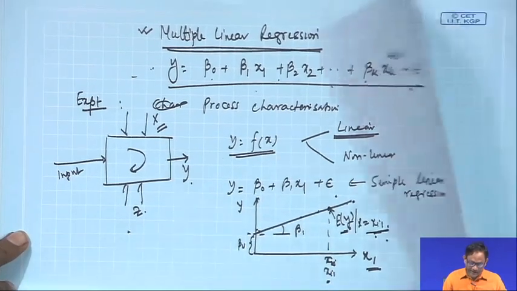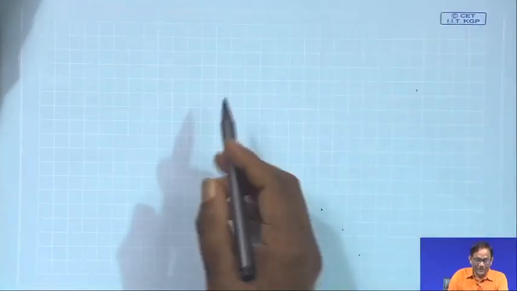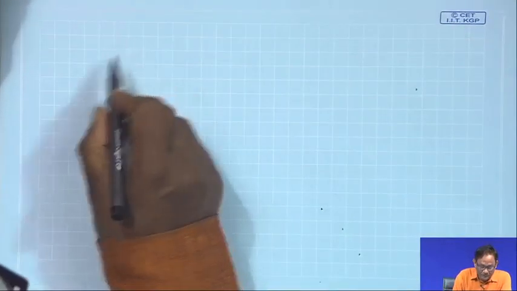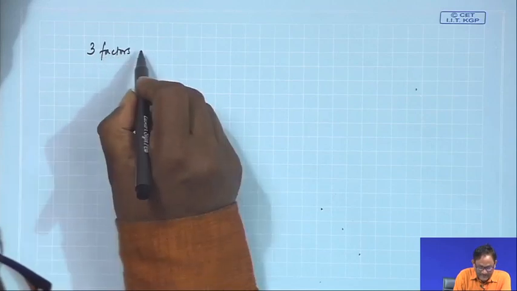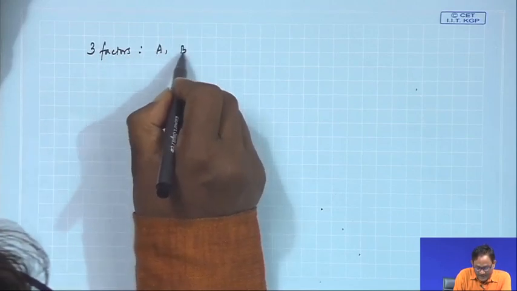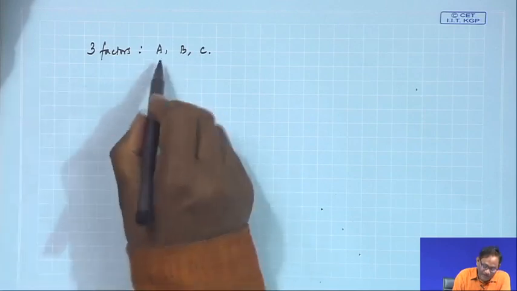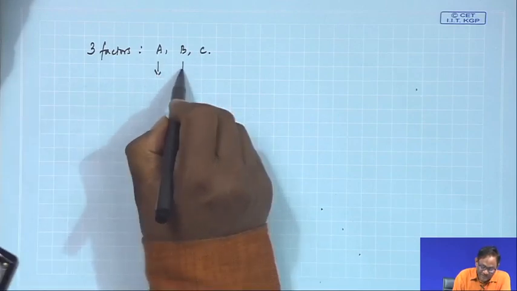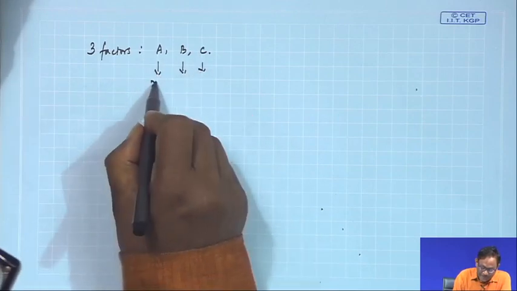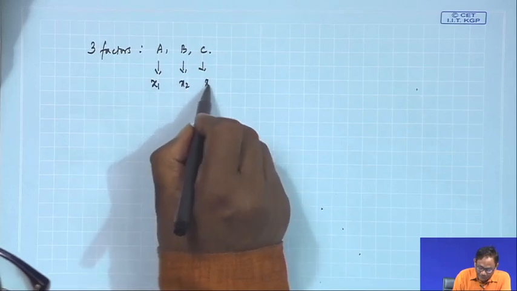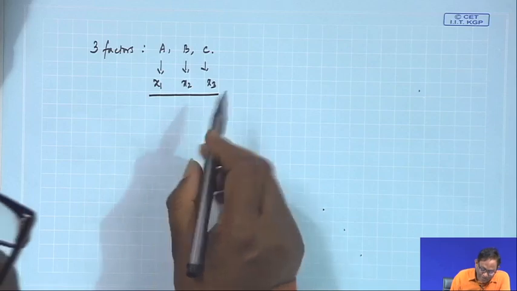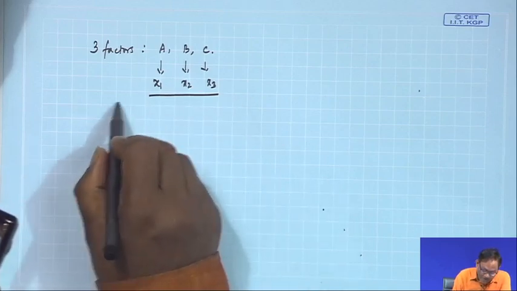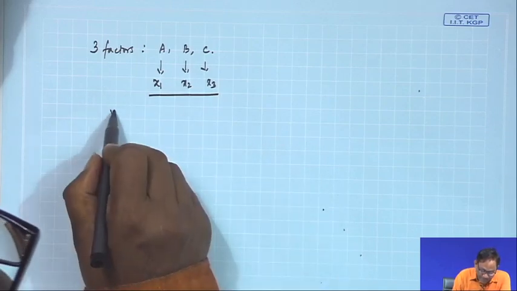In multiple linear regression, suppose we have three factors a, b and c, measured on a continuous scale, and we call them x 1, x 2, x 3, and our quality variable is y.